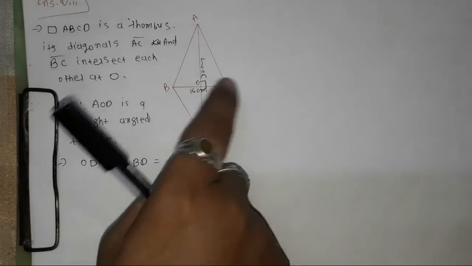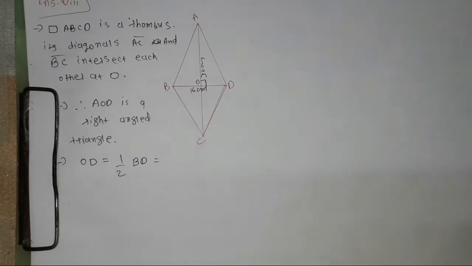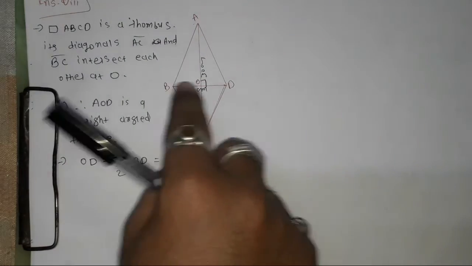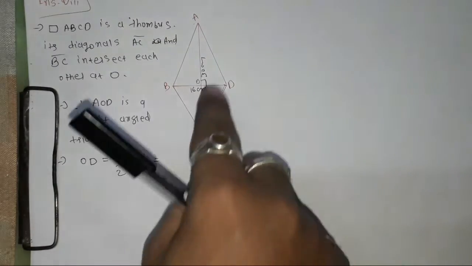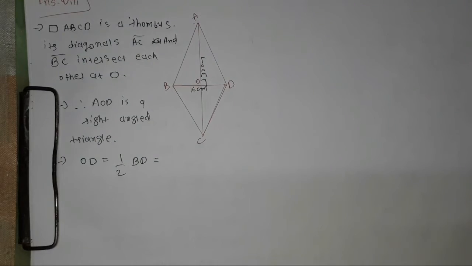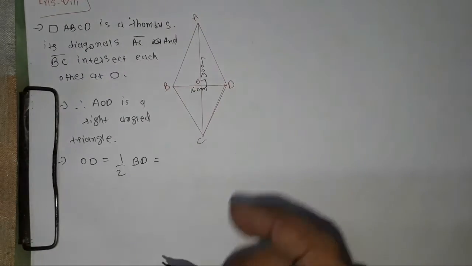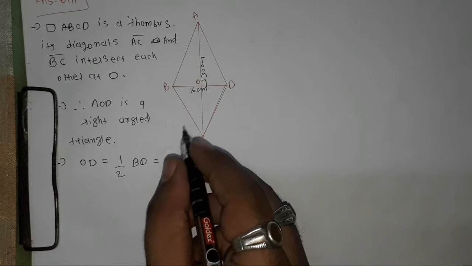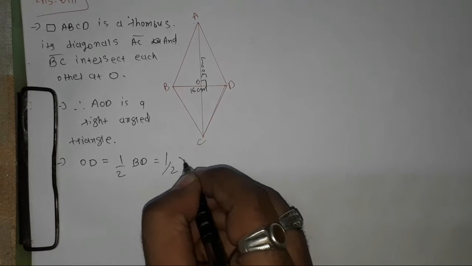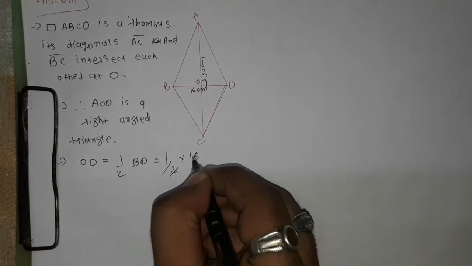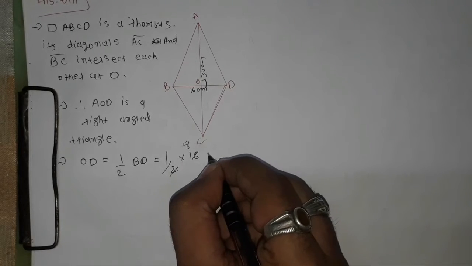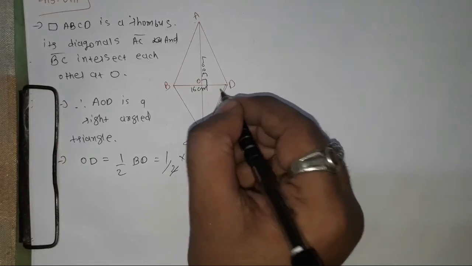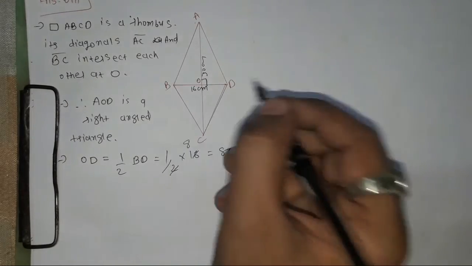BO and OD are parts of line BD, so I will divide BD into parts, and then I can get the measure of OD. OD is BD divided by 2, so 1/2 into 16, 2 8s are 16. So here I will get 8 centimeter, which is the measure of the leg OD.